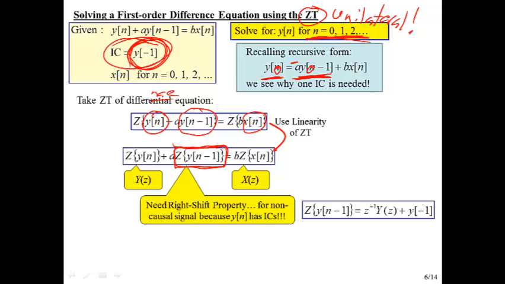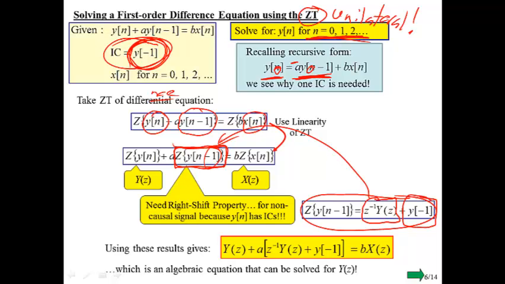Our right shift property says not only do we have z to the minus 1 times Y of z, since we're shifting by 1, but we also have to include the one term that gets shifted in. If we take this result and plug it in here, we get the following result. The part in the brackets is the part we just found.